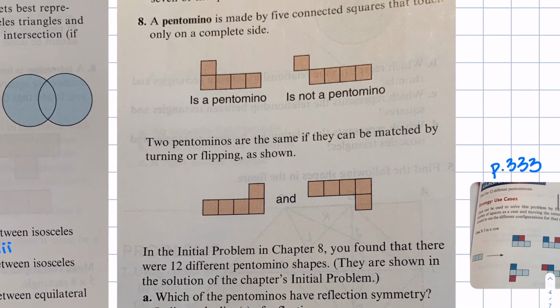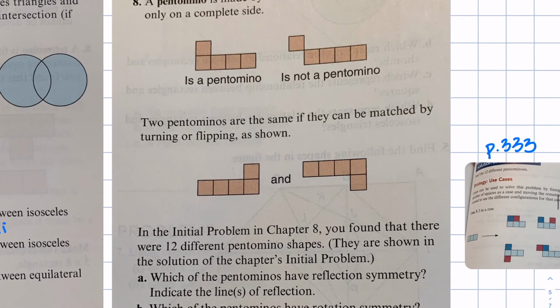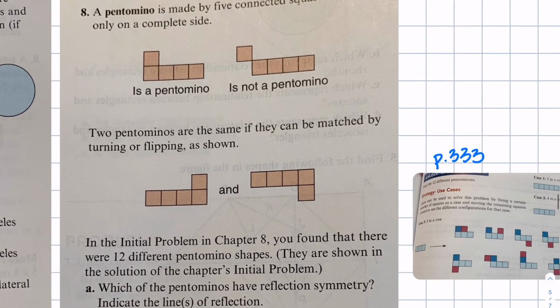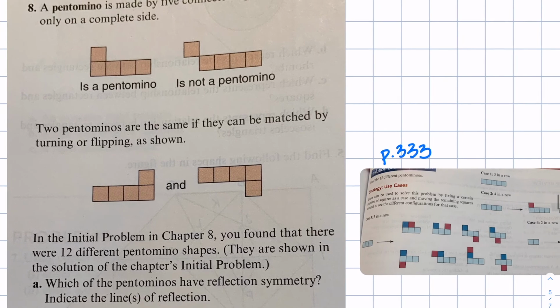Okay, so I wanted to move on to another question. I mainly wanted to look at this one because there is a problem in your homework referring to pentaminos, and I just wanted to talk about them briefly so that you could complete that problem.